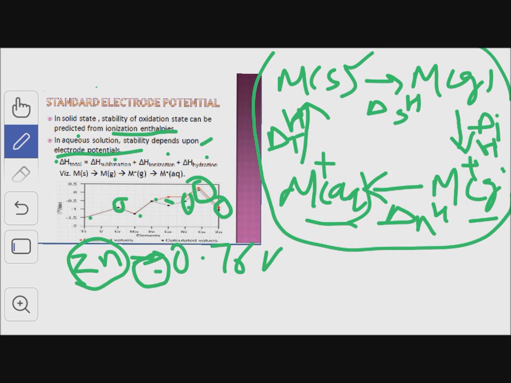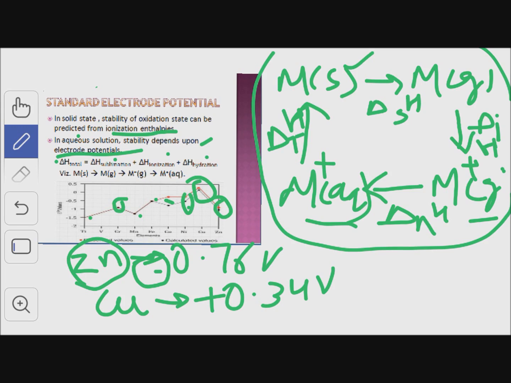But in case of copper, it has a positive value, meaning unexpected behavior in its series. It does not liberate hydrogen gas from the acids. It reacts only with oxidizing agents like nitric acid and sulfuric acid, which are reduced.